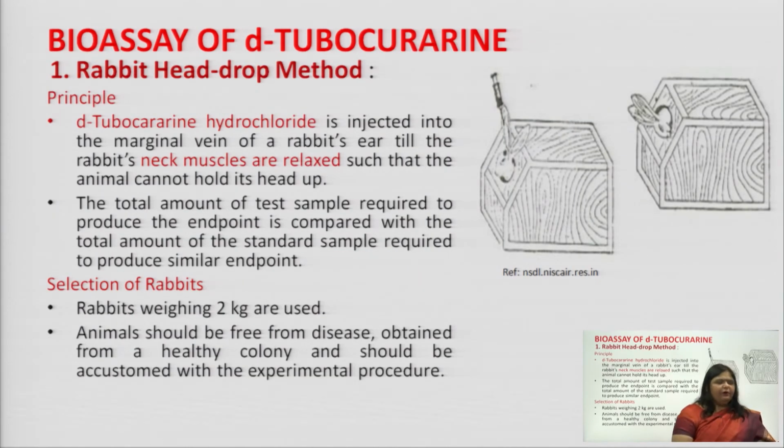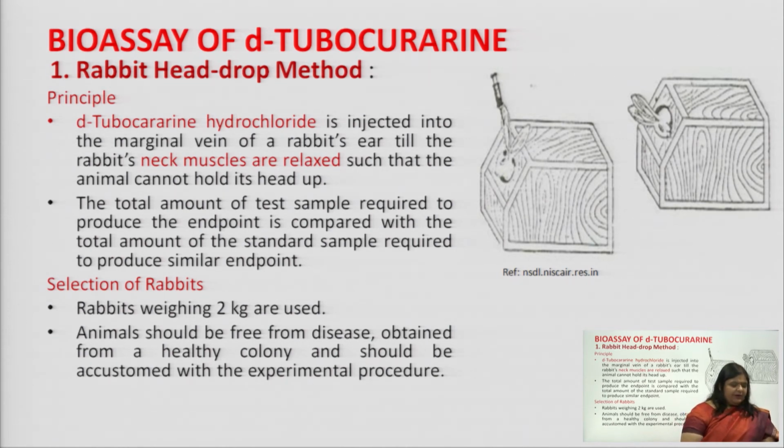Now, to perform bioassay of D-tubocurarine, we use two methods. One is the rabbit head drop method, and another is when we use the rectus abdominis muscle of the frog. So first we talk about the rabbit head drop method. Now, what is the principle behind this bioassay of D-tubocurarine?